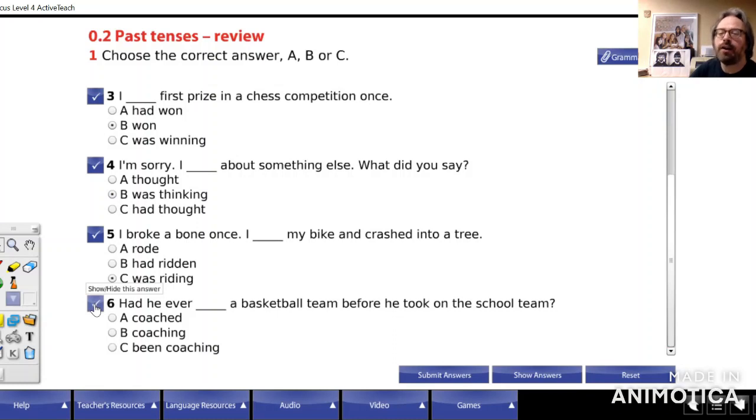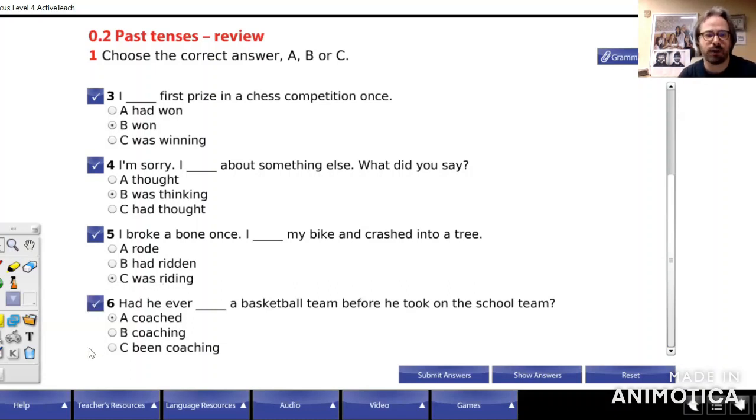So on the test, probably you would also be missing that had, and you would have to give me had. Now, had is a past perfect or a past perfect continuous. So you're either going to say coach or been coaching. So you can't say be. If you have be, go back and look at what you can use together. So it's either had he ever coached it or had he ever been coaching.